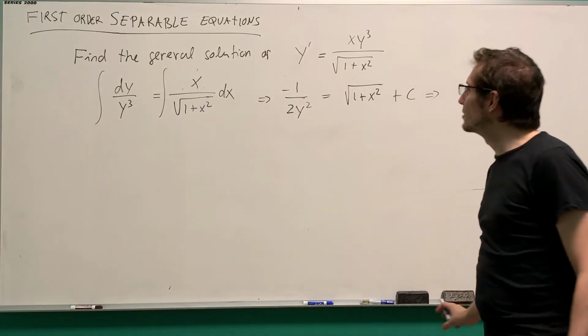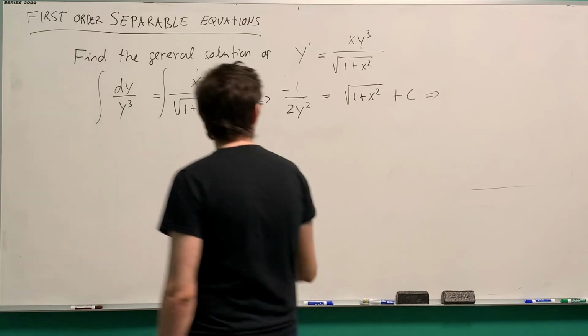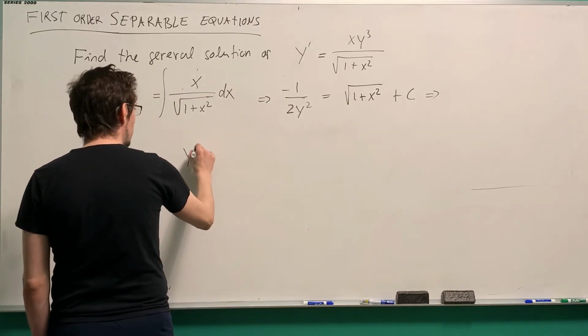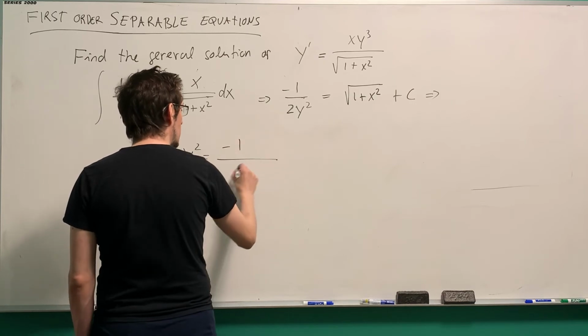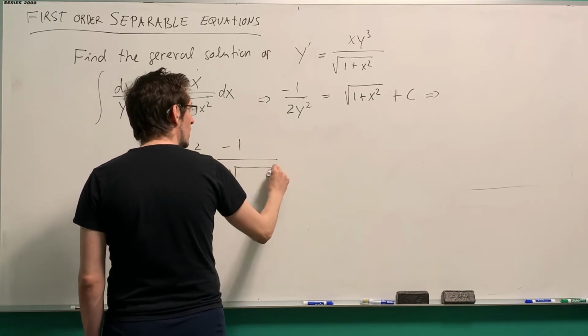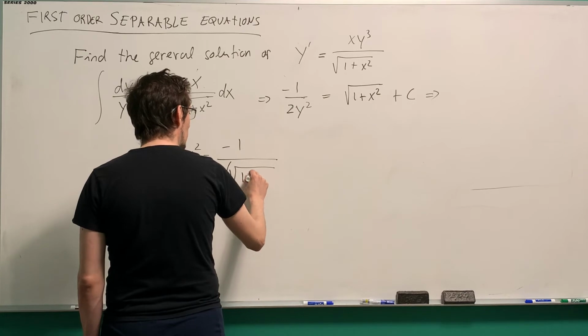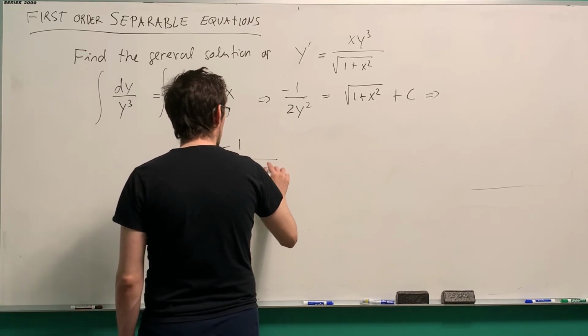Now we invert this relationship, which is easy. What we get is that y squared is equal to minus 1 divided by 2 root of 1 plus x squared plus c.